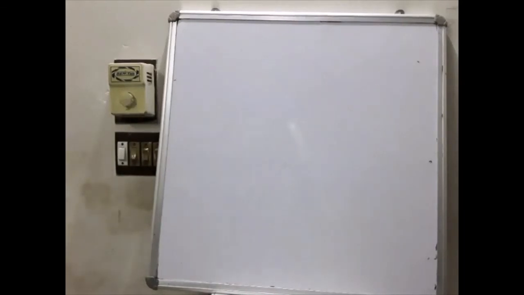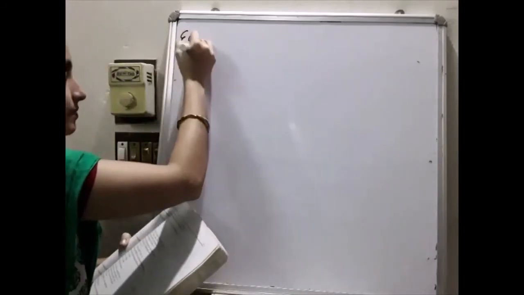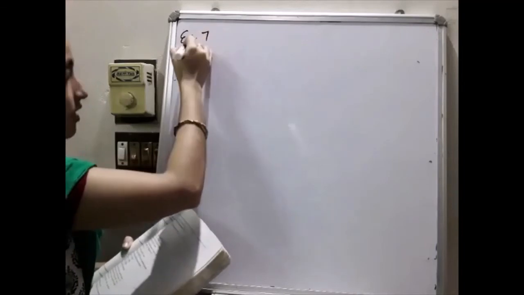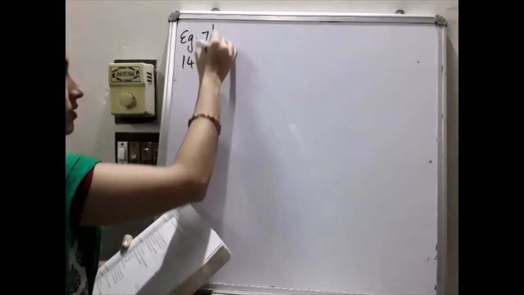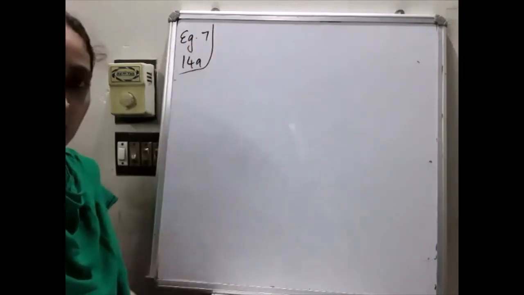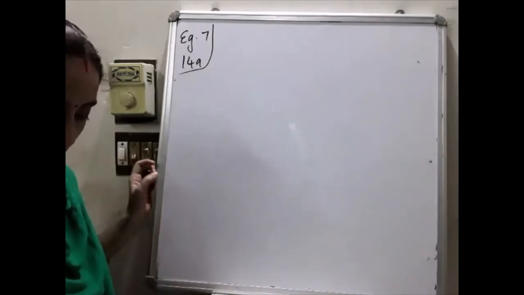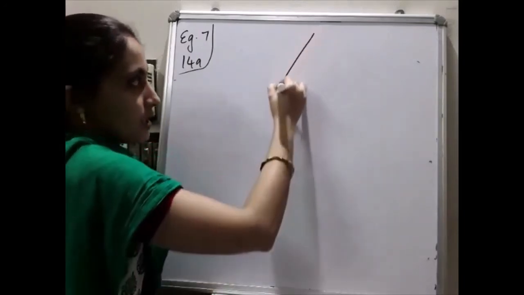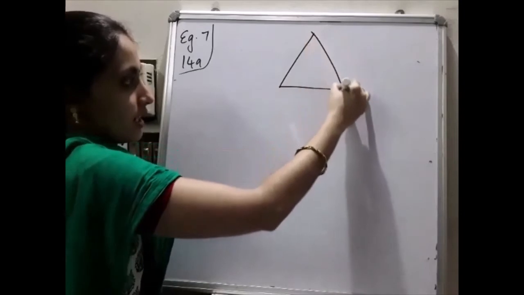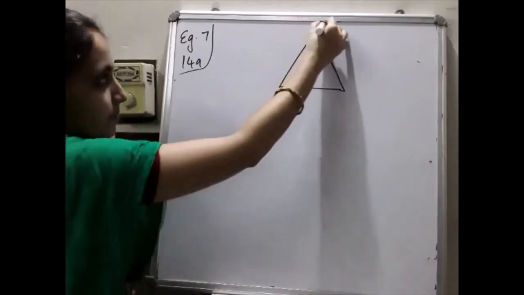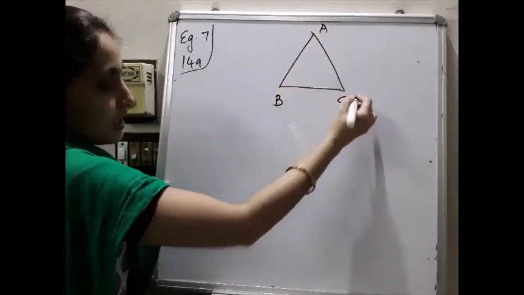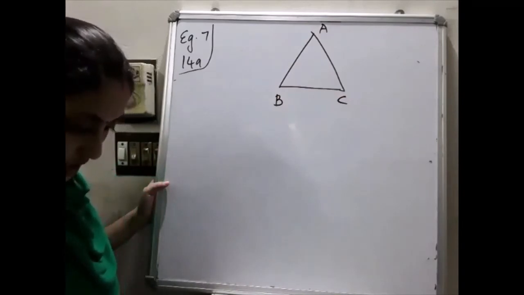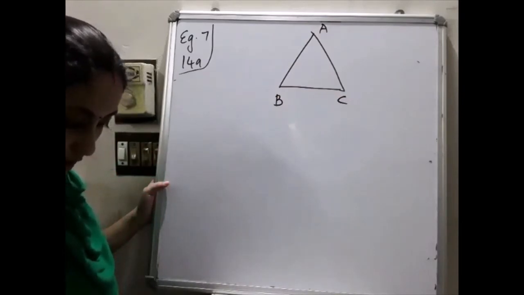Next we will move to the example question. So please take example 7, page number 149. The question is, in triangle ABC, D, E and F are respectively the midpoints. So we need one triangle, and I name it as A, B, C. D is the midpoint of AB.